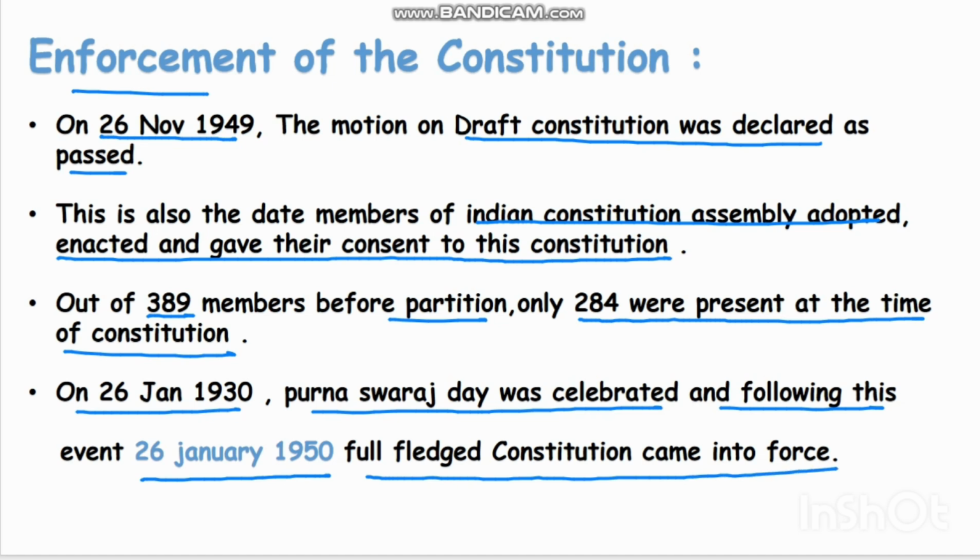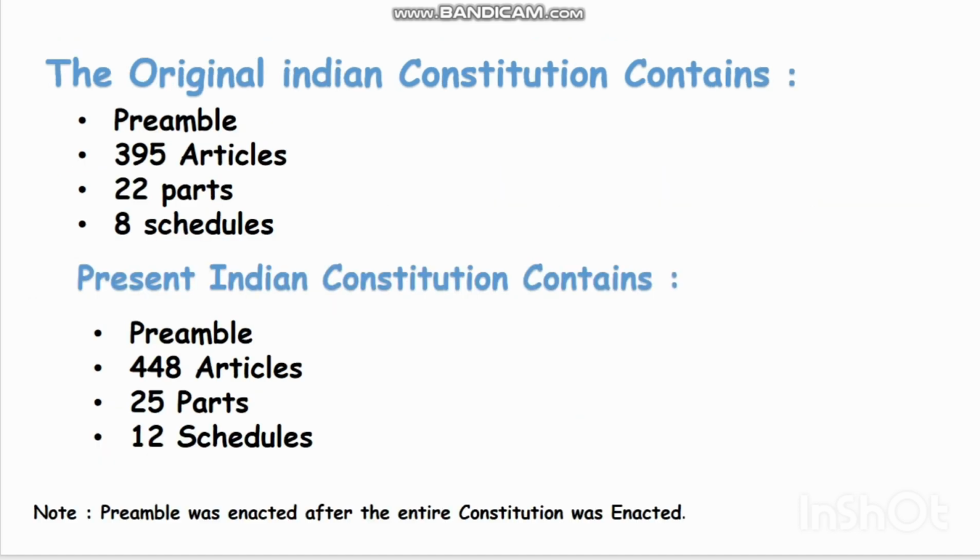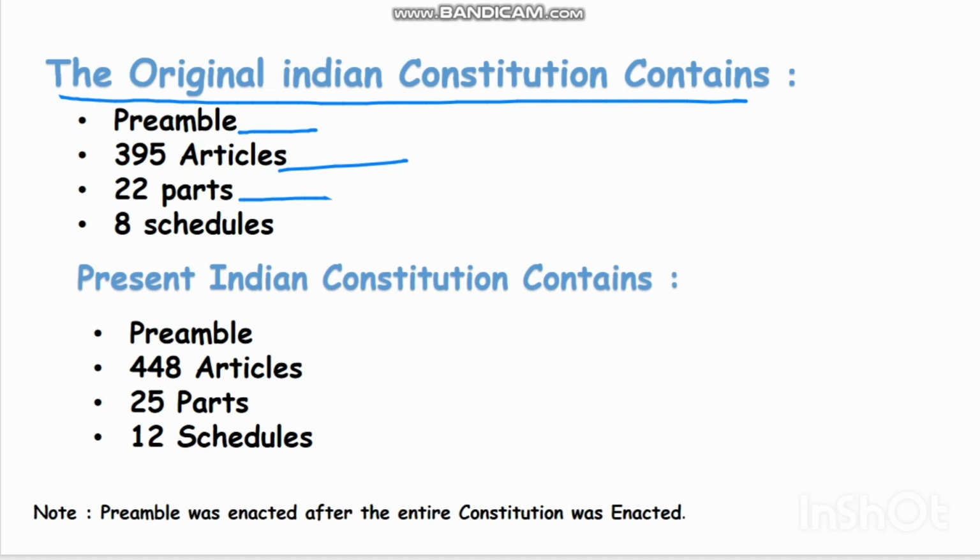So, when the constitution was created, it contained a preamble, 395 articles, 22 parts, and 8 schedules. Later on, many articles were added, some articles were removed, and many were amended. Finally, the present Indian constitution contains a preamble, 448 articles, 25 parts, and 12 schedules.